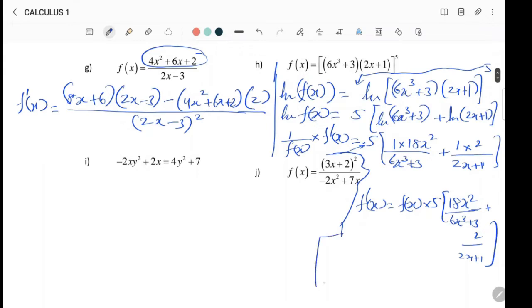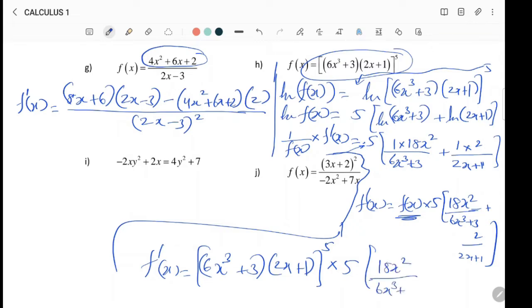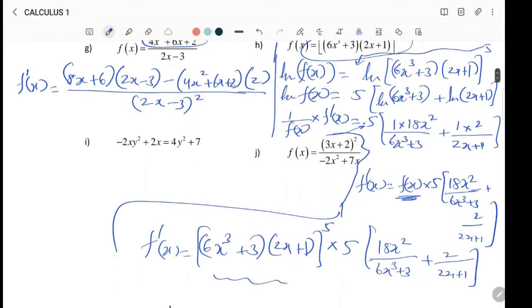Okay, and now we can write f dash x equals, fx we can write from here, which is 6x cubed plus 3 bracket 2x plus 1 to the power 5, then times 5 18x squared over 6x cubed plus 3 plus 2 over 2x plus 1. Okay, this will be our f dash x.